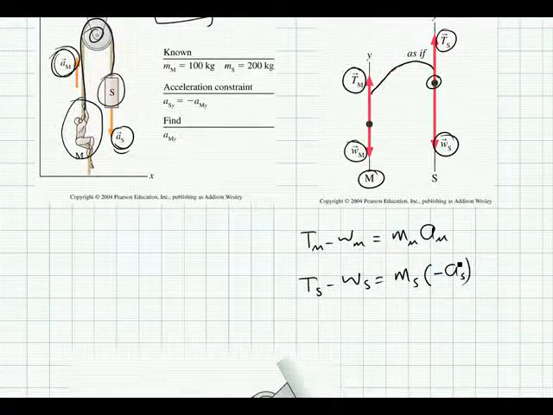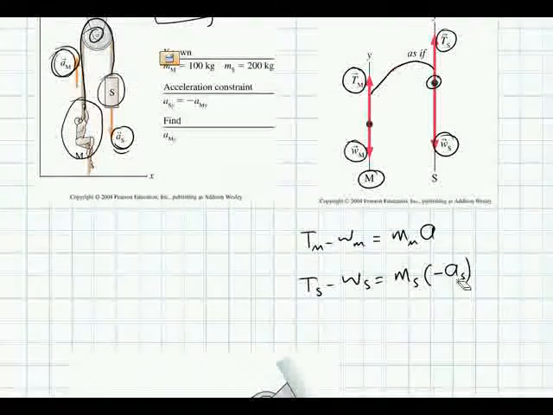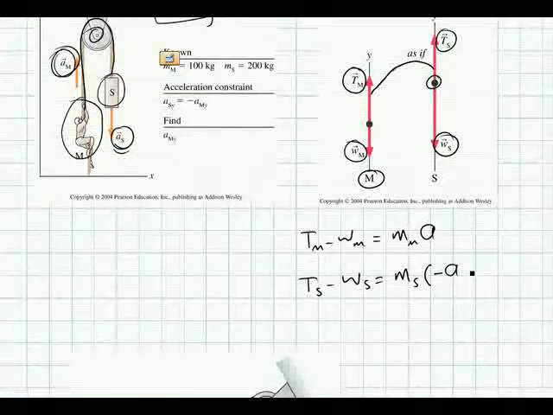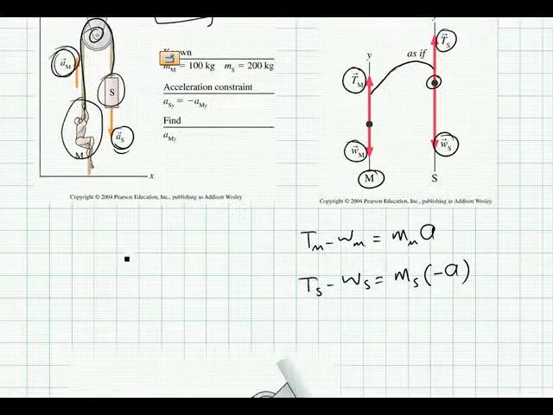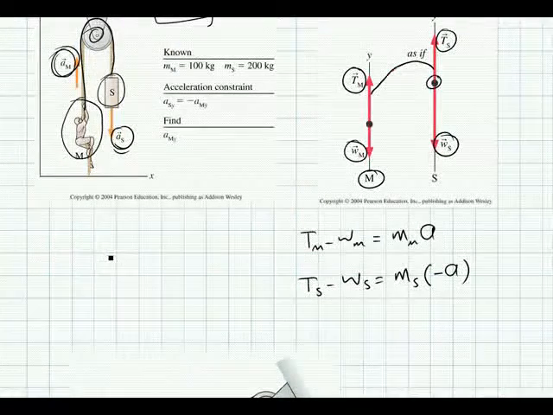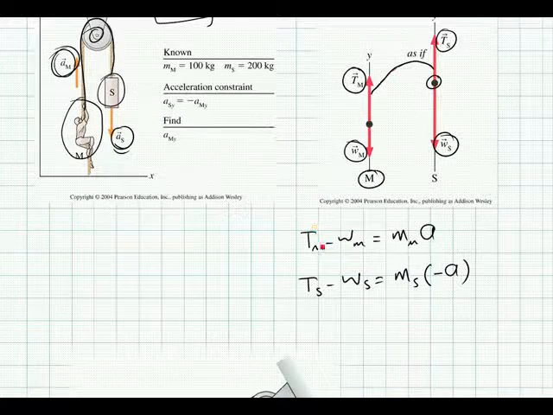So since Am and As are the same but equal in magnitude, we can get rid of the subscripts there, so that's just A. Since Tm and Ts are the same, you can get rid of the subscripts.